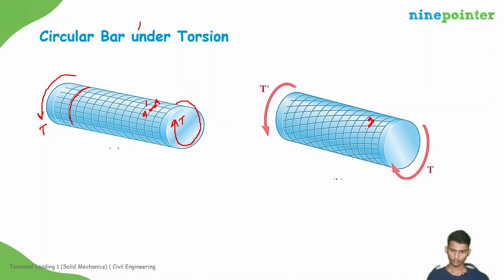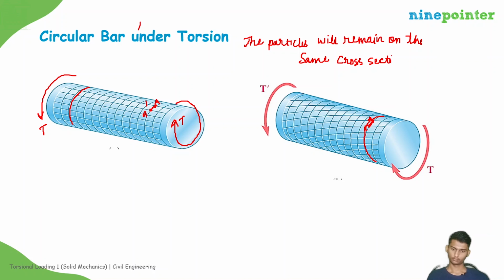They will remain on the same cross section, just moving along the circumference. So that is about a circular bar under torsion.